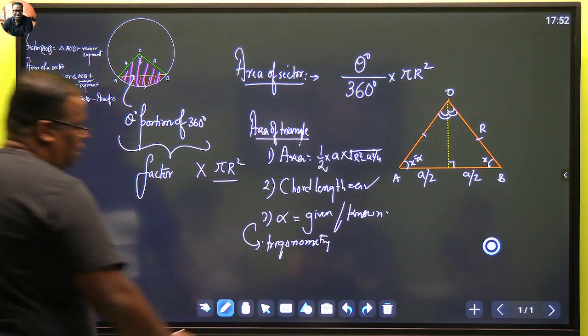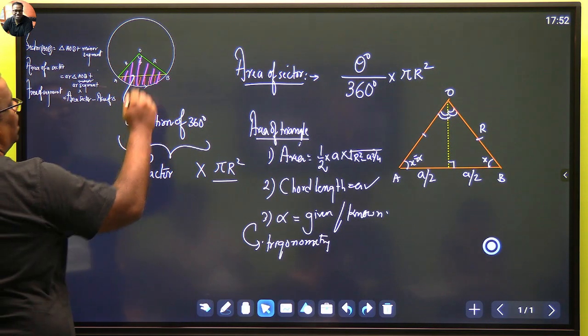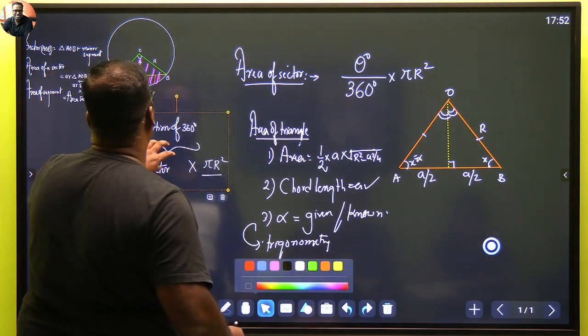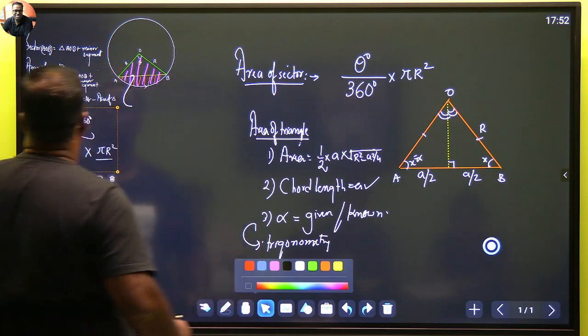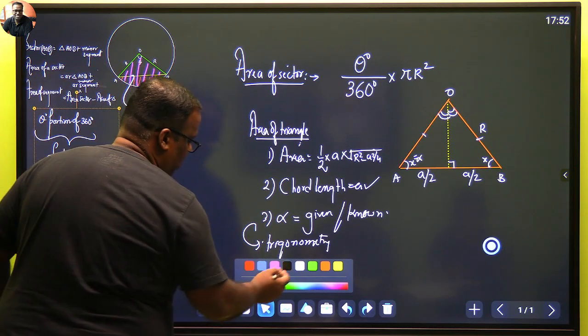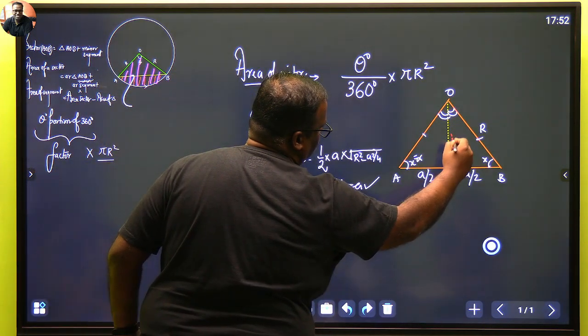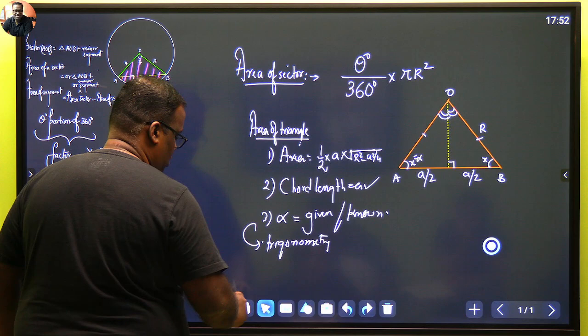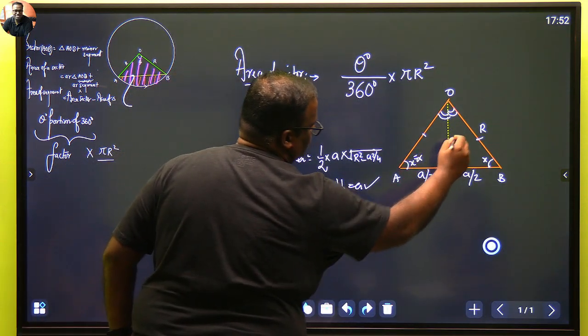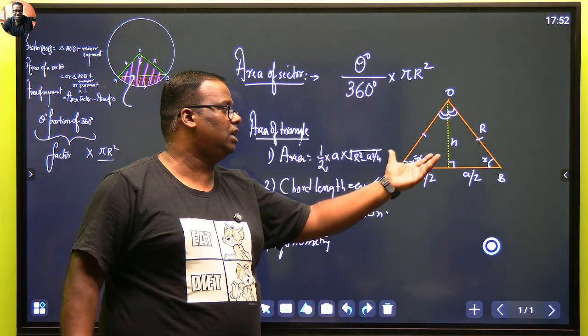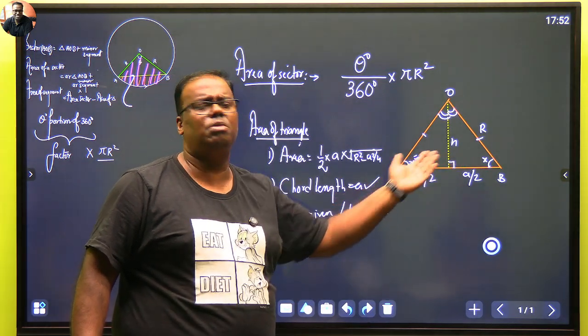So let's see the use of trigonometry out here and see how we can actually use trigonometry also to find out the area of the circle. So our interest is simple. All we need is the value of this fellow h. We need the value of this height. Once you know the value of height, trigonometry is applicable only to right angle triangles. Take half the triangle. They all will be congruent to each other.